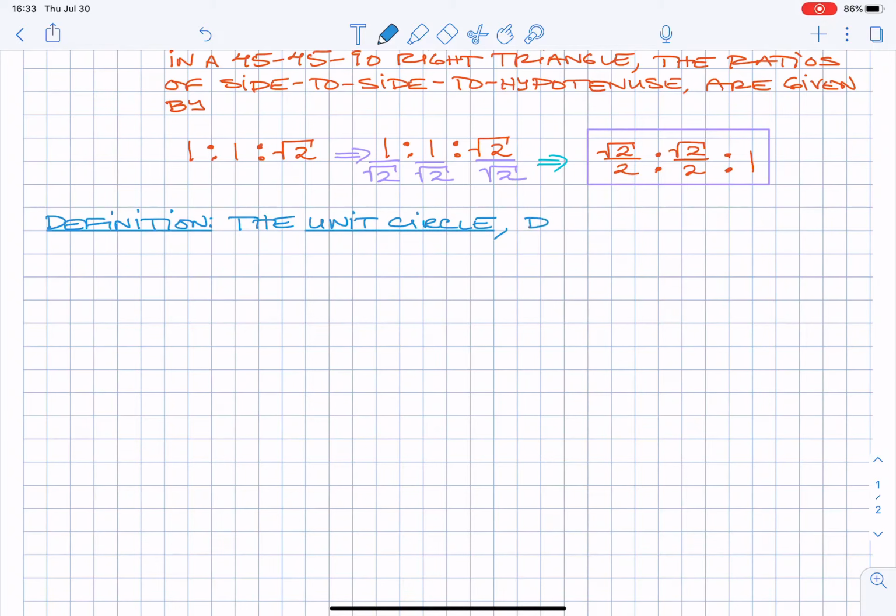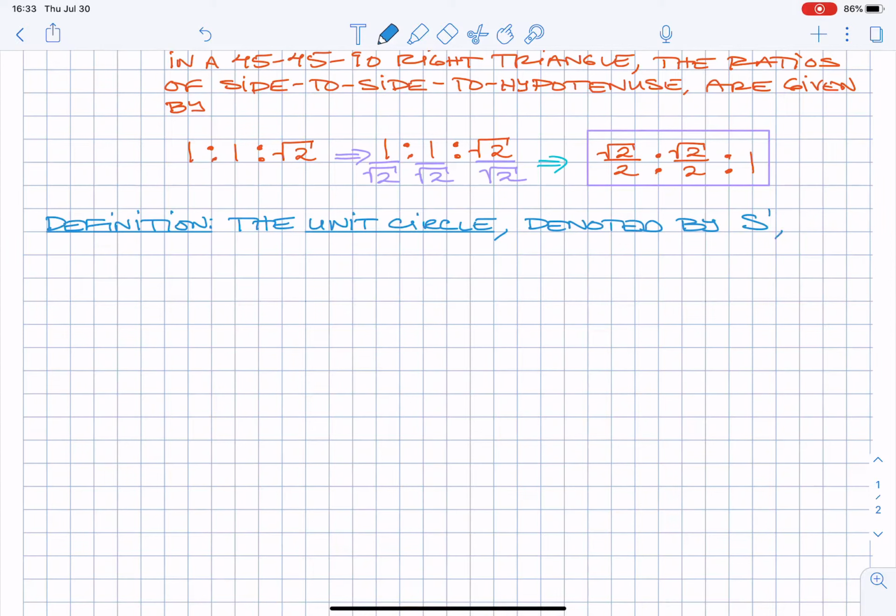We denote the unit circle in mathematics by capital S1, which in math means a sphere of one dimension. It is the circle of radius r equal to 1. Because the radius is 1 unit, that's why we call it a unit circle.